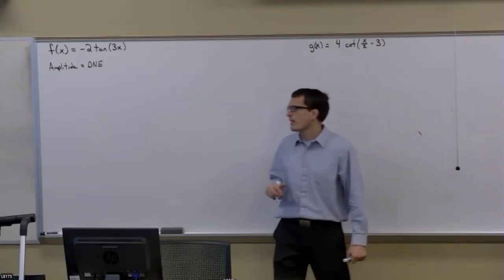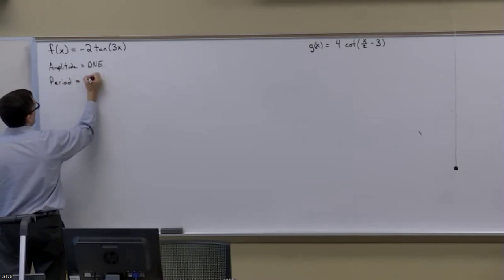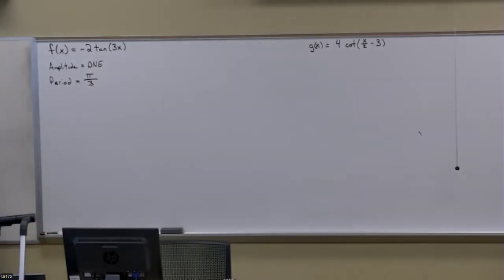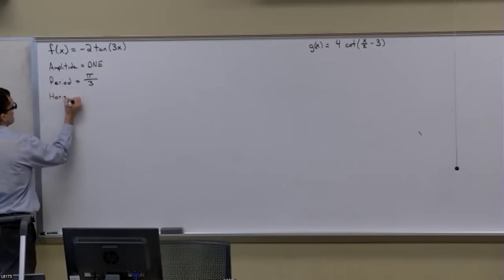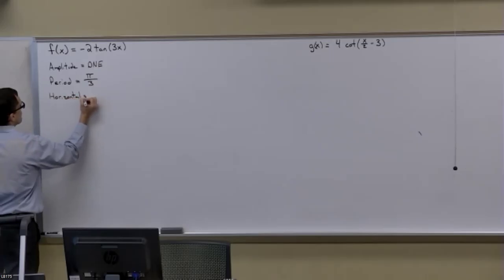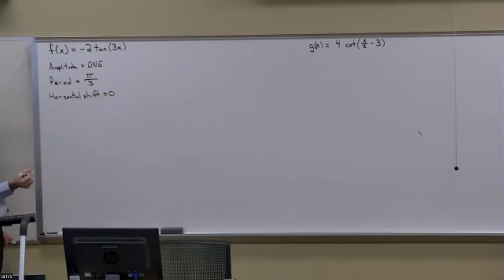Okay. The period of this function, well, the period of tangent is pi, so all we have to do is take pi over 3. So period is pi over 3. There is 0 horizontal shift. There's also 0 vertical shift.